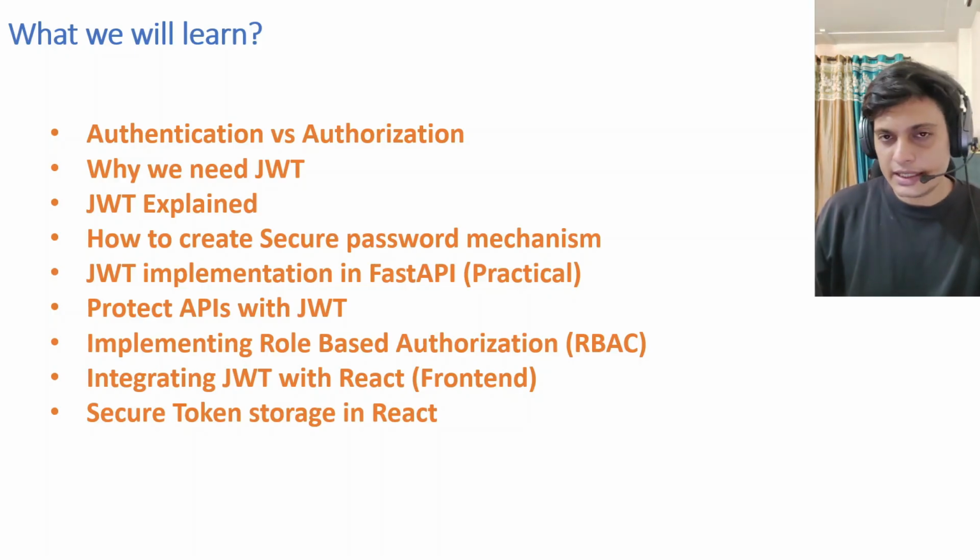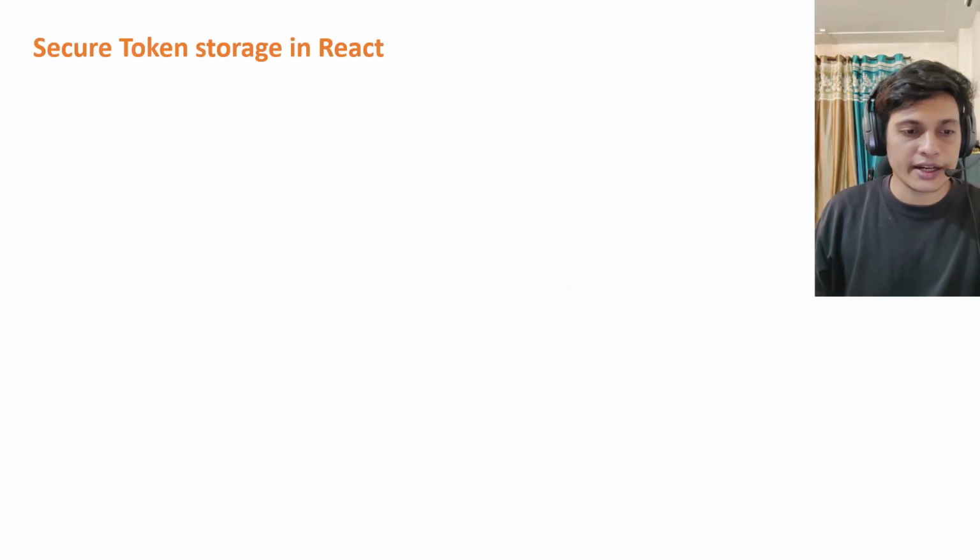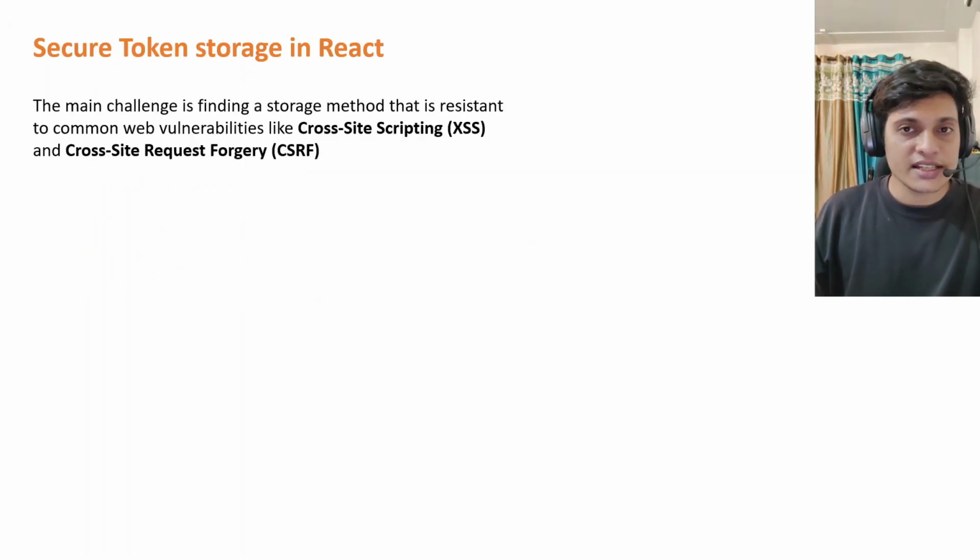So what are the things which the front end can do, or what are the challenges with the token? The main challenge is finding a storage method that is resistant to common web vulnerabilities like XSS and CSRF. What are these XSS and CSRF?